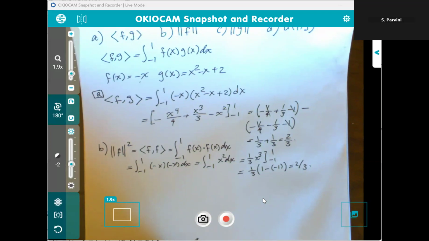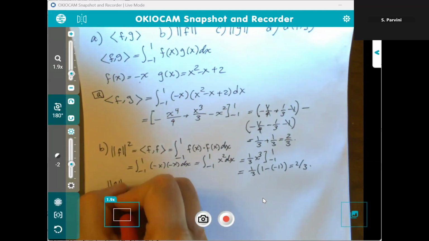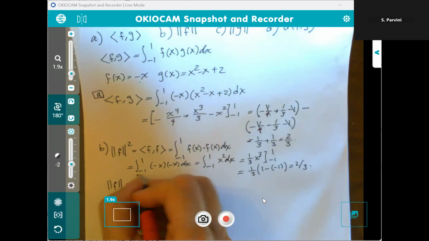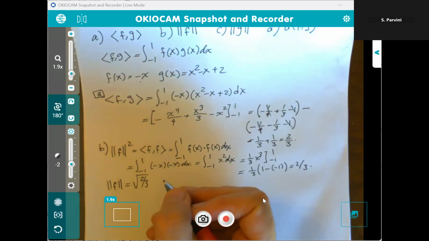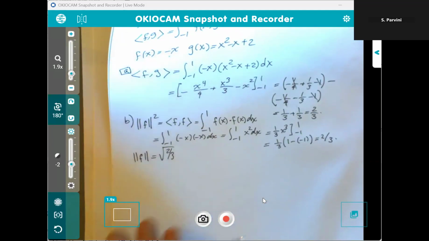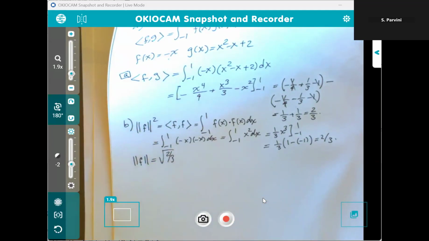That's the magnitude squared, right? Therefore, the magnitude of the function is simply the square root of this. It would be the positive root of 2/3. And for what we do in this course, don't worry about rationalizing and all that. This is good enough.